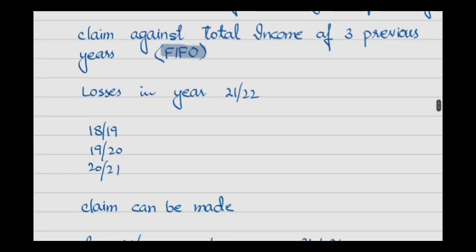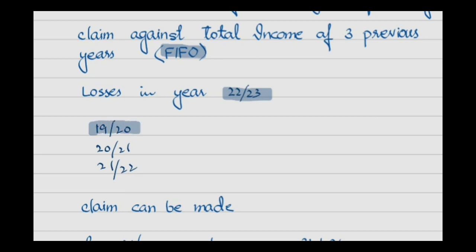It means if you have suffered a loss in the current tax year 22-23, this loss can be set off first against 19-20's total income, then against 20-21's total income, and then against 21-22's total income.